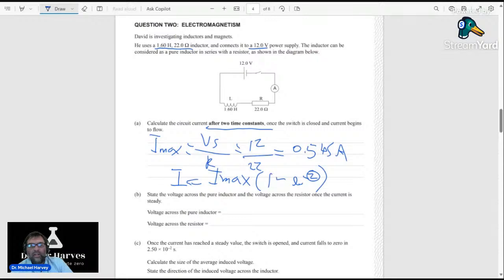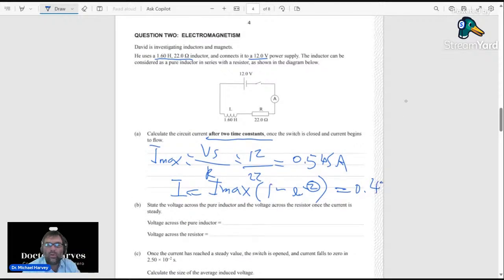So Imax is going to be 0.545, then you multiply that by e to the minus 2 because it's 2 decays, and that should give you an answer of 0.471. There's 2 time constants.